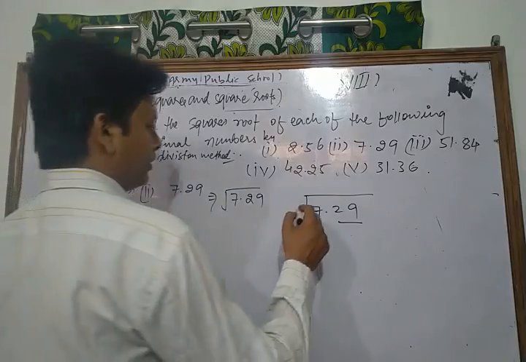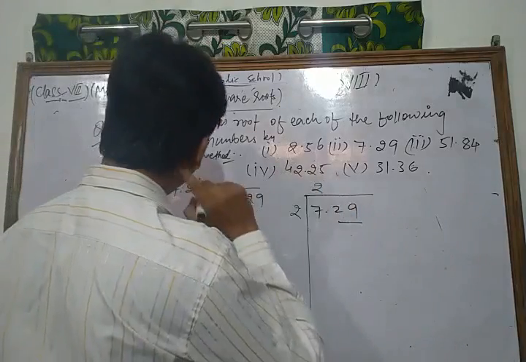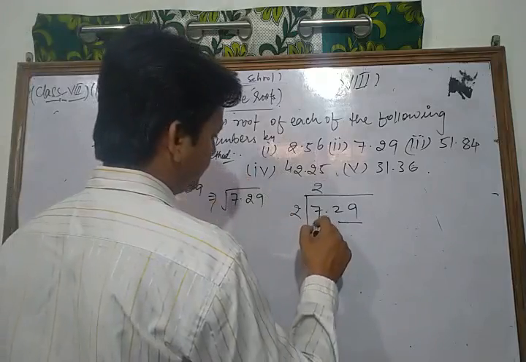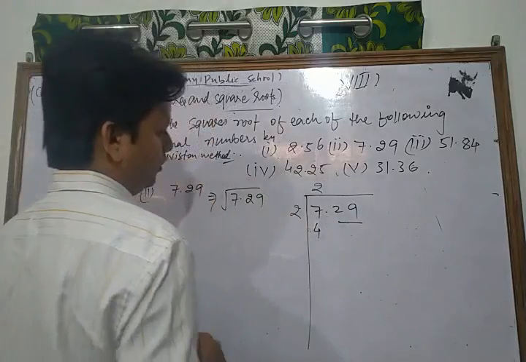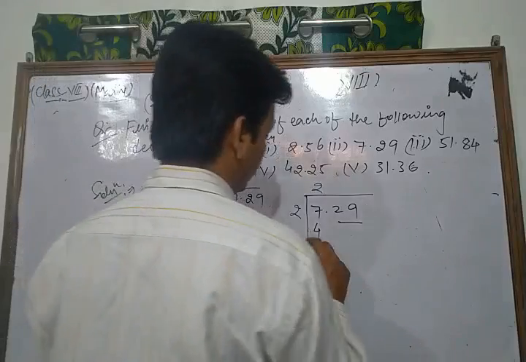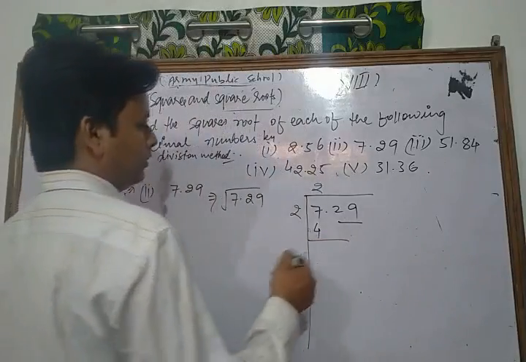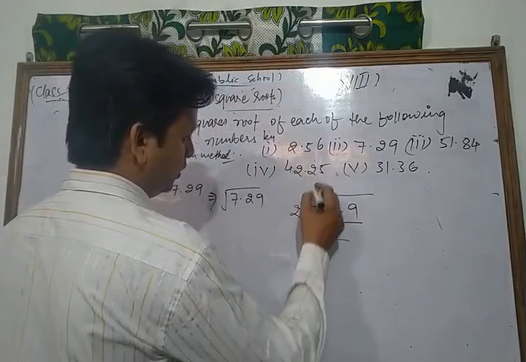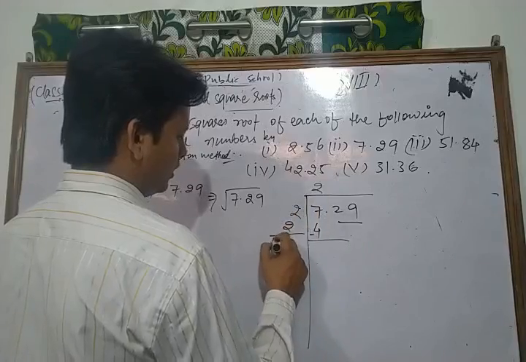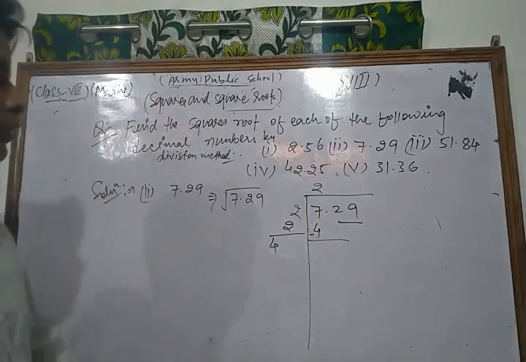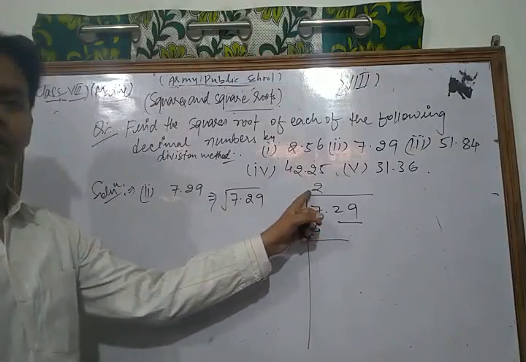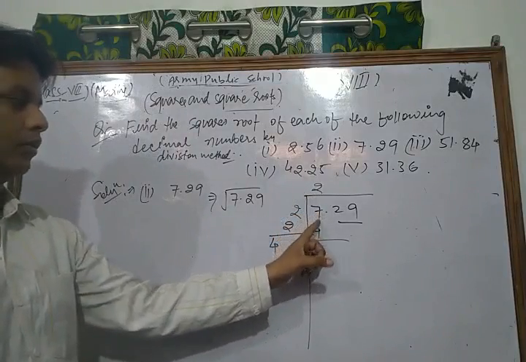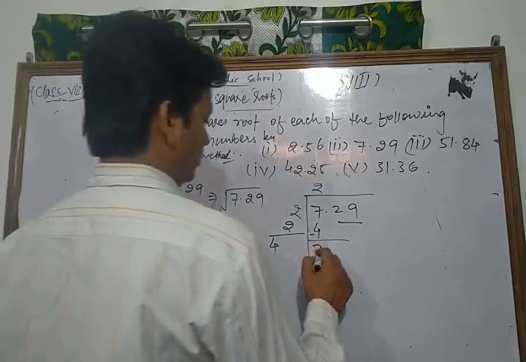Now we take 2 twos are 4. Now we subtract them. Here we write 2 as 4. Now if we add that quotient to the divisor, it is now 4.